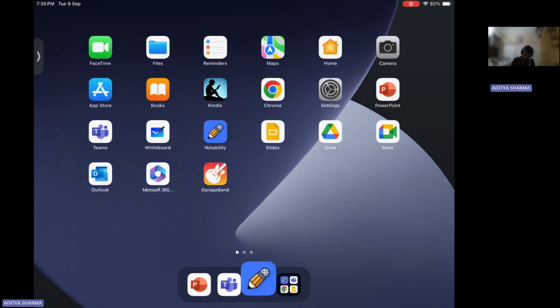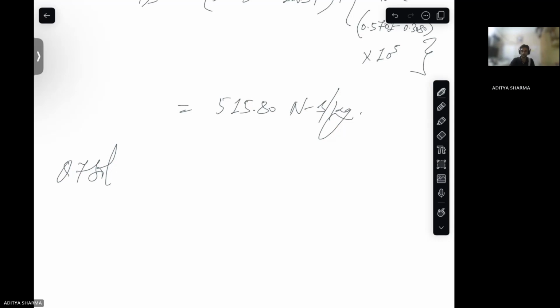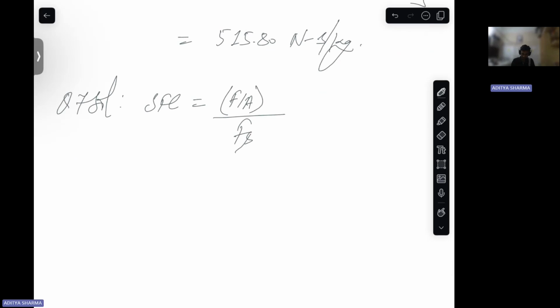So specific fuel consumption is fuel to air ratio divided by specific thrust.